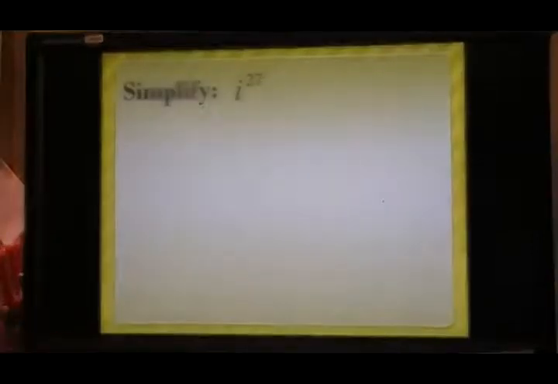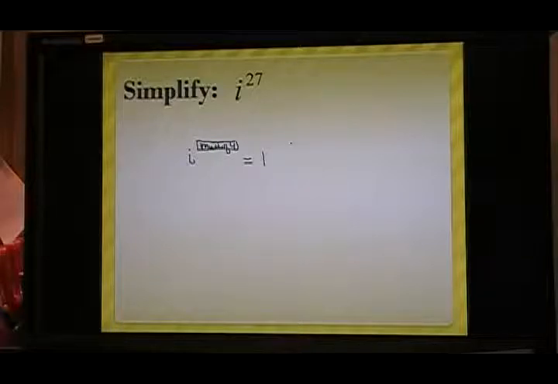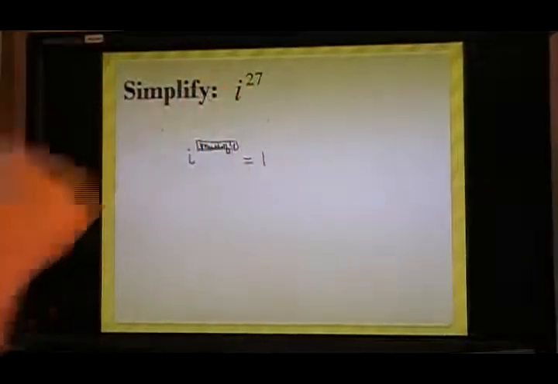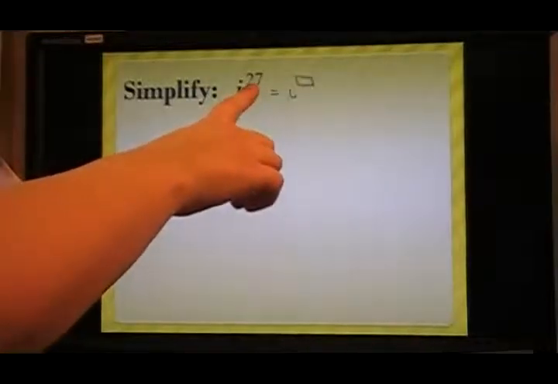So when you're working with large powers of i, like 27, I know that if I take i and raise it to a multiple of 4, it's going to equal 1. Now 27 is not a multiple of 4. But if I wanted to split up my i's, what is the closest multiple of 4 that's less than 27?